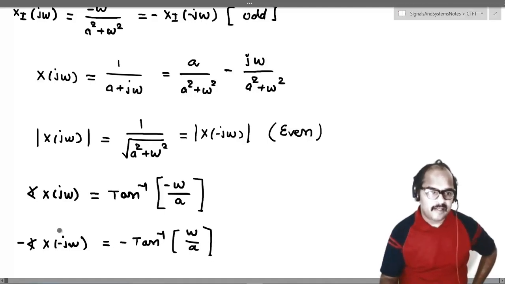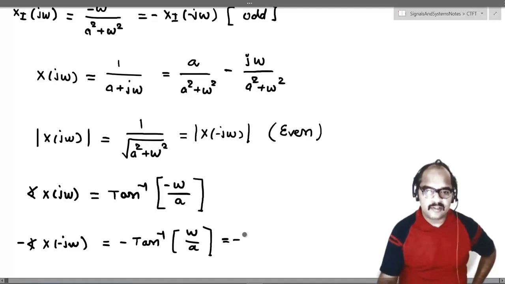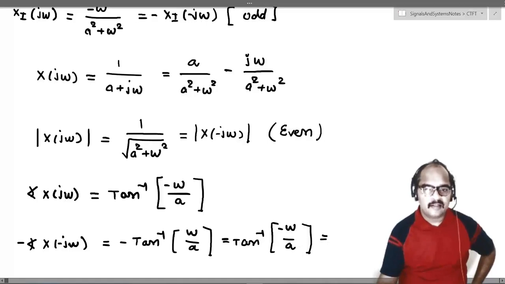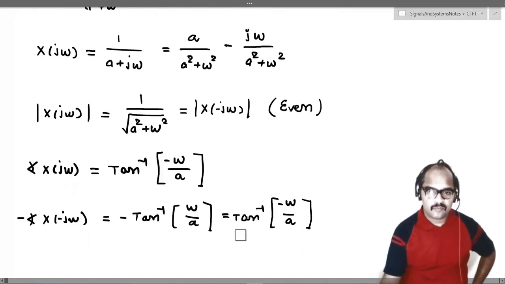Correct? So minus is there. Angle of x of minus j omega means minus omega should be replaced with plus omega. But if you send the minus inside, this is nothing but tan inverse of minus omega by a. So clearly this is equal to the angle of x of j omega.